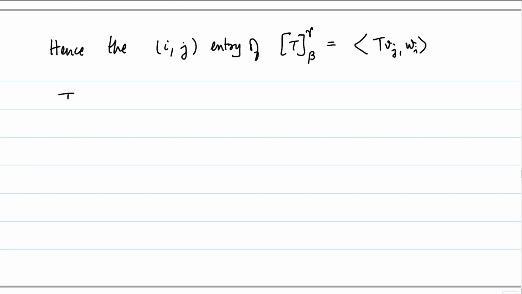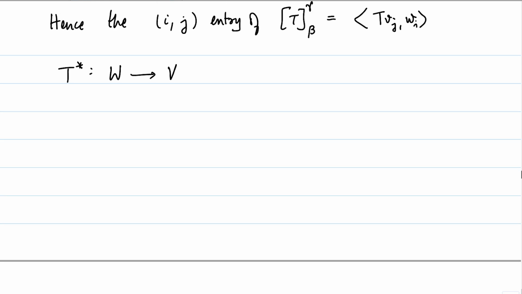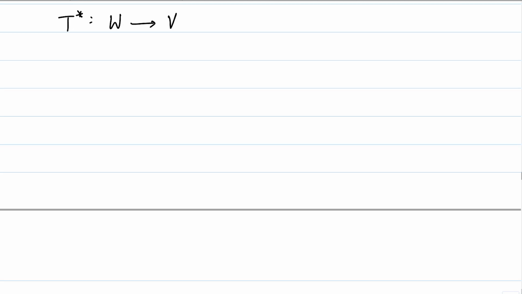Now we know where T star is from. T star is a map from W to V, and we have the same orthonormal bases gamma and beta of W and V respectively. Let's see what will be the expression of T star with respect to, not beta gamma, gamma beta.